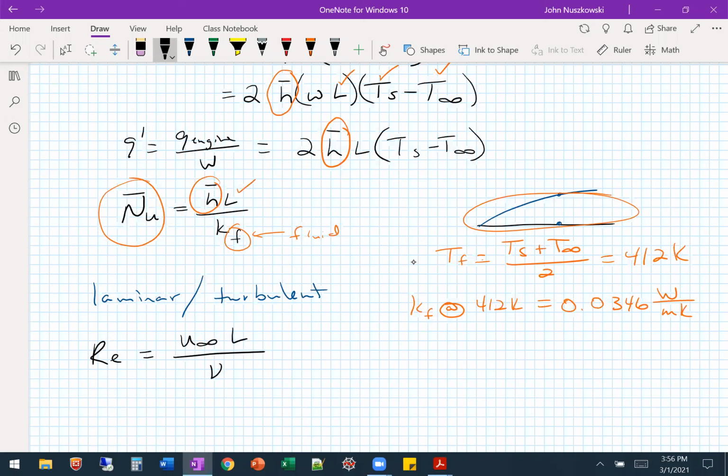Okay, in this case, we got U infinity, L. We need to grab this at 412, okay? And that just ends up being 27.85 times 10 to the negative 6.